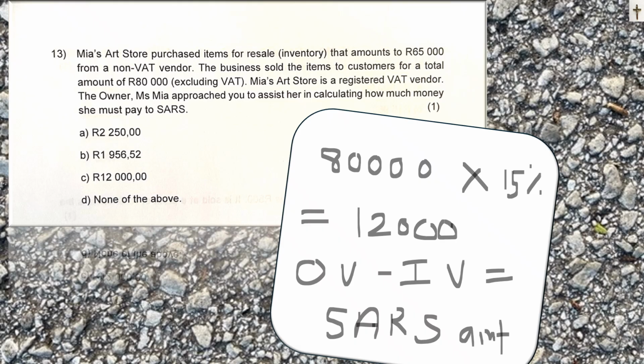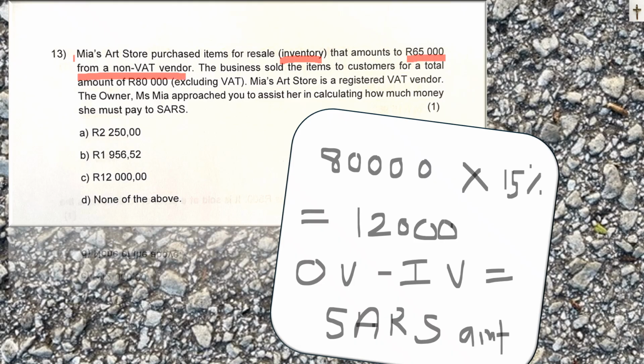Number 13. Mia's art store purchased items for resale. Right, purchased items for resale. Inventory. You buy stock in order to sell it. It amounts to 65,000 from a non-VAT vendor.